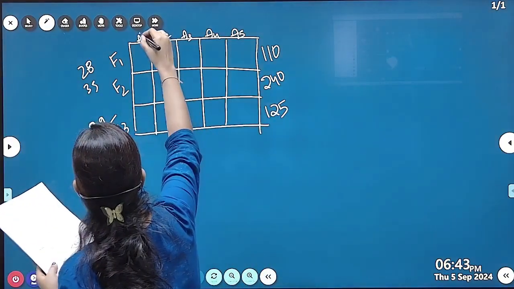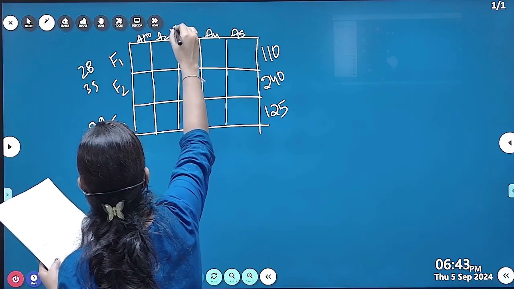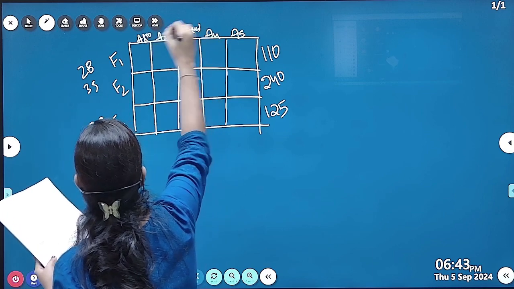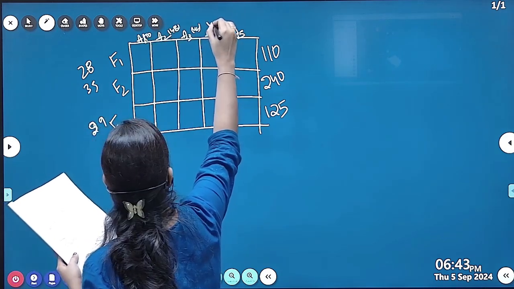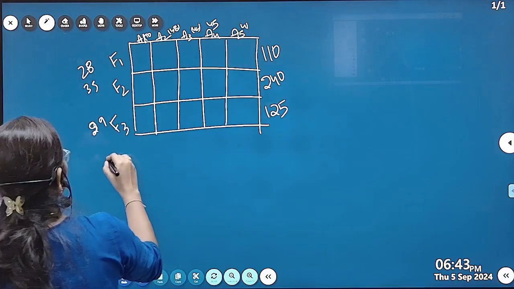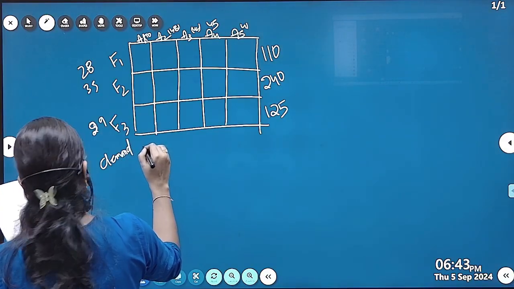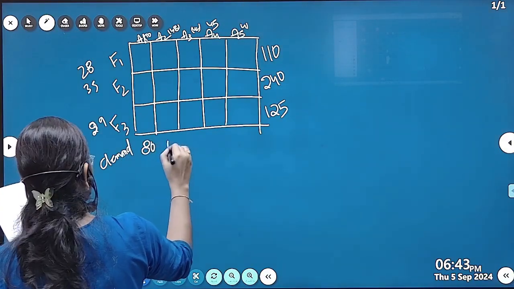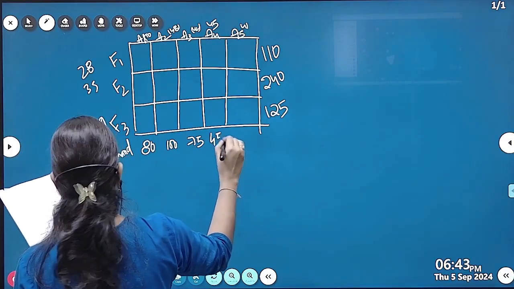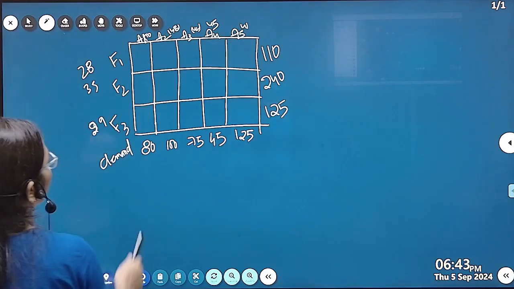For A1, just write it down in small letters with a bracket, 45 and 41. Now what is the demand? Demand is 80 units, this is 100 units, this is 75 units, this is 45 units, and this is 125 units.